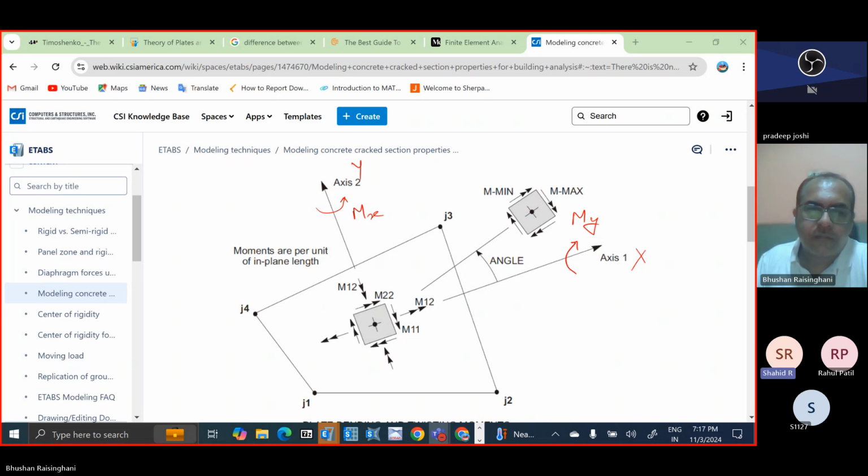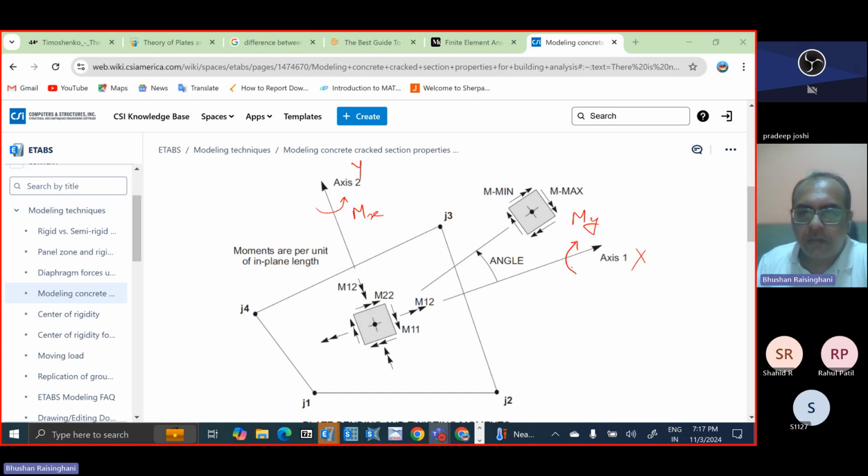I think, sir, in the x direction there will be Mx, and in the y direction it will be My. Why? Sir, because in the x direction, the bending will occur about the other two faces. But if we see My, the bending will occur about the other two opposite faces, sir.